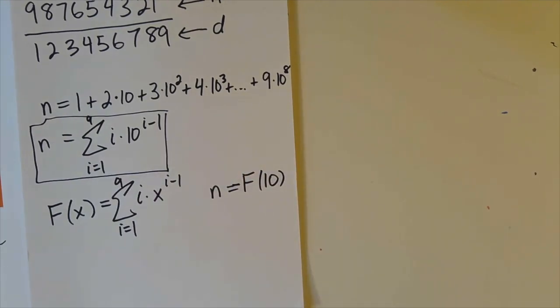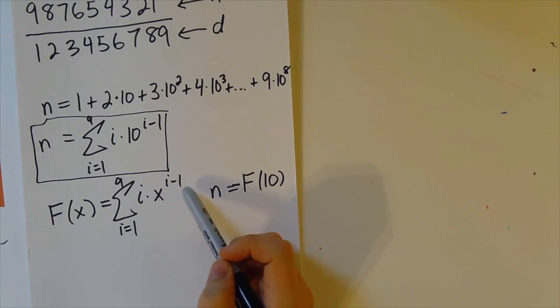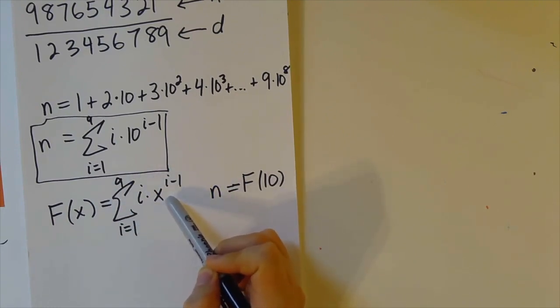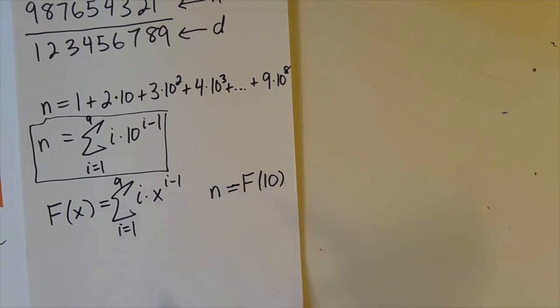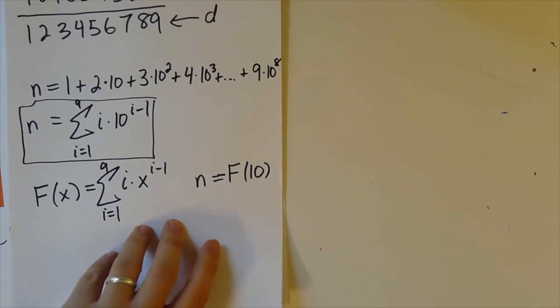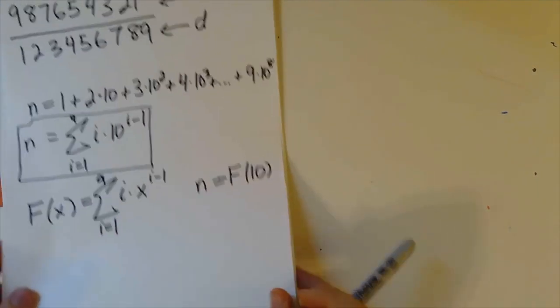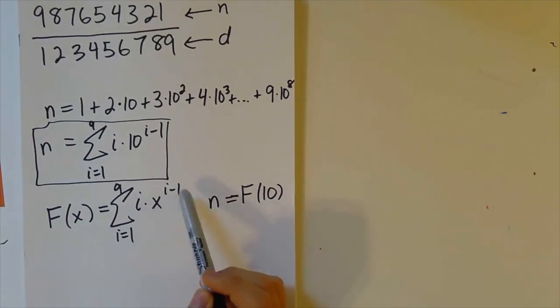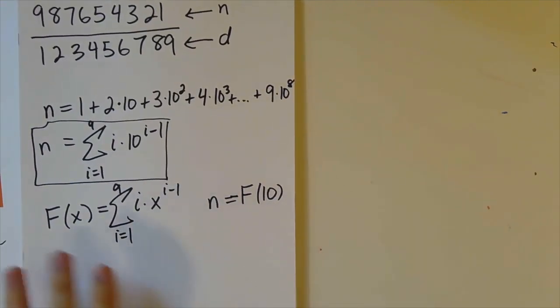But I want to look at this function f of x itself, and I want to notice, if you've had some calculus, that every term in this sum is just the derivative of x to the i. Okay. So this weird backwards 987654321 number is somehow slightly secretly coming out of adding a bunch of derivatives of polynomials and then plugging 10 in.